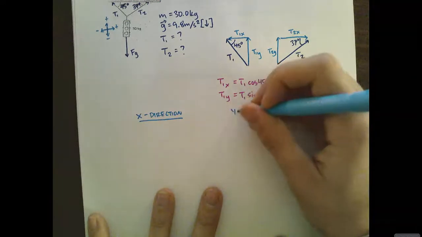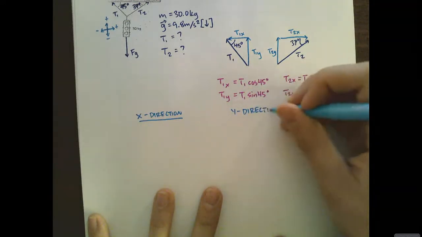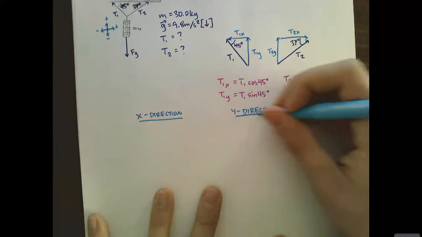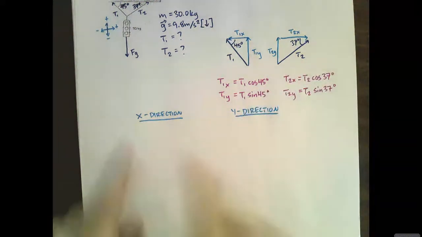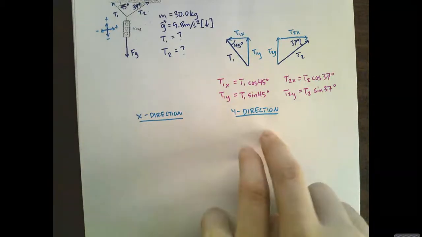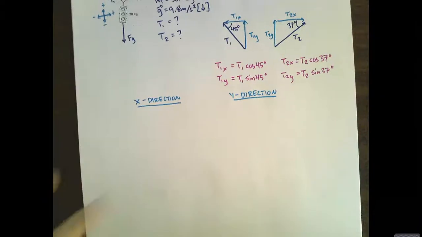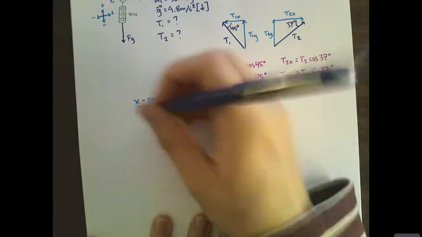But if we take a look at the y direction at the same time, we'll see where there will be a moment of clarity where we can take the information that we've solved for in the x direction, plug it in over here in the y direction, and that'll give us a very solvable formula.